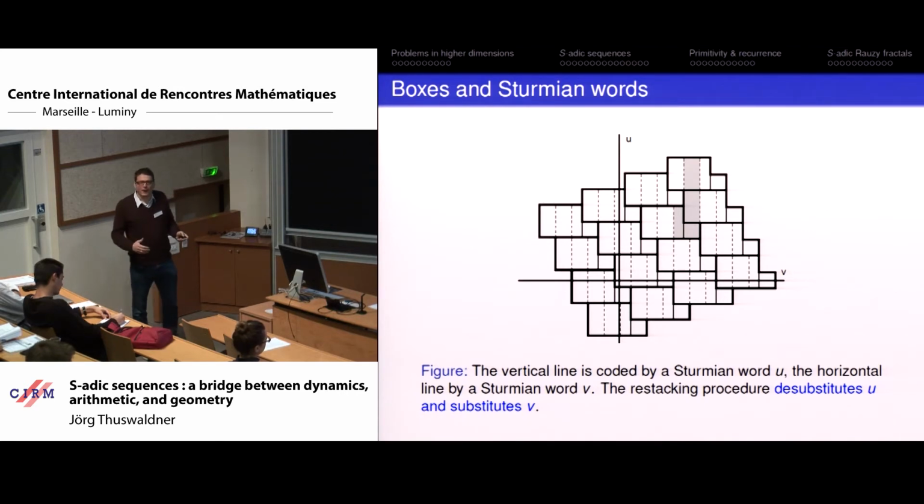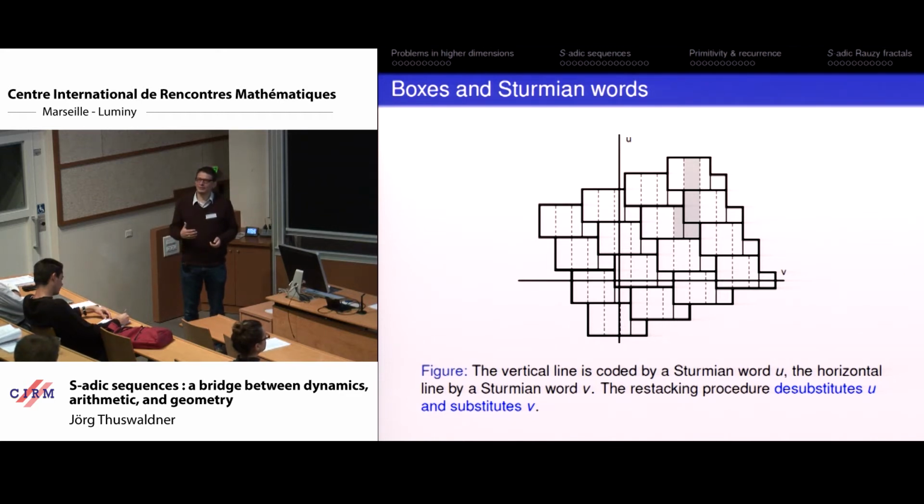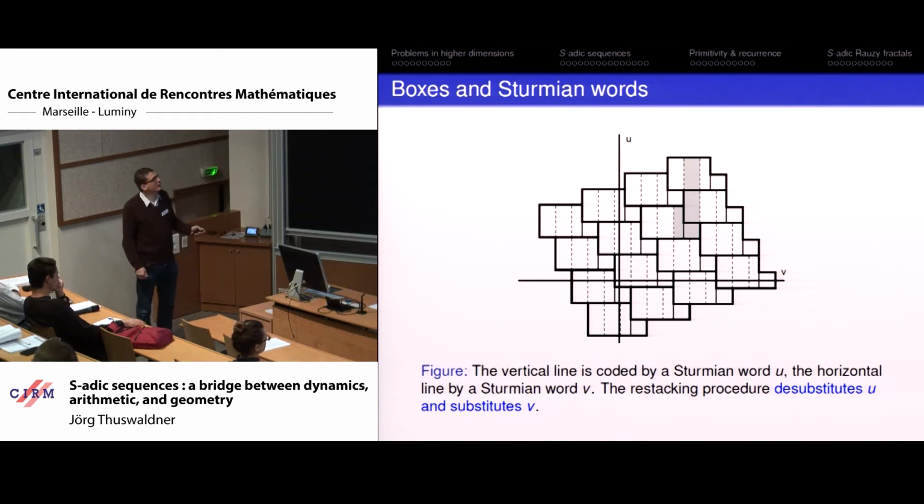Now, we can recode the Sturmian word. We can desubstitute it. When we desubstitute it, we lose the first substitution, which is not bijective. And it turns out that this procedure here makes everything bijective. If you do one step in the induction, one restacking process, your fundamental region looks like that.